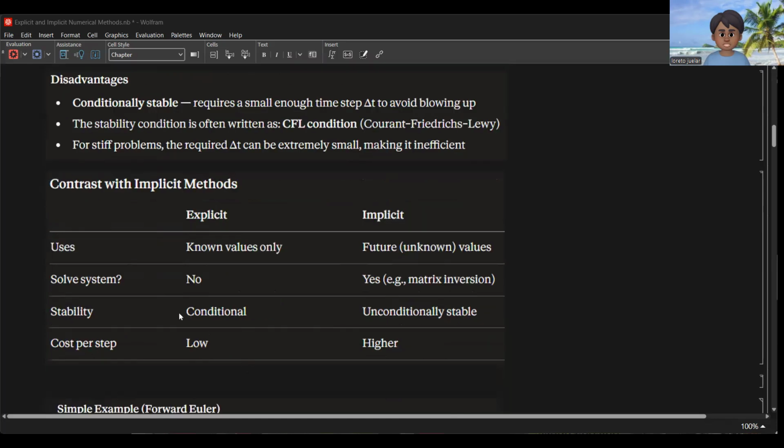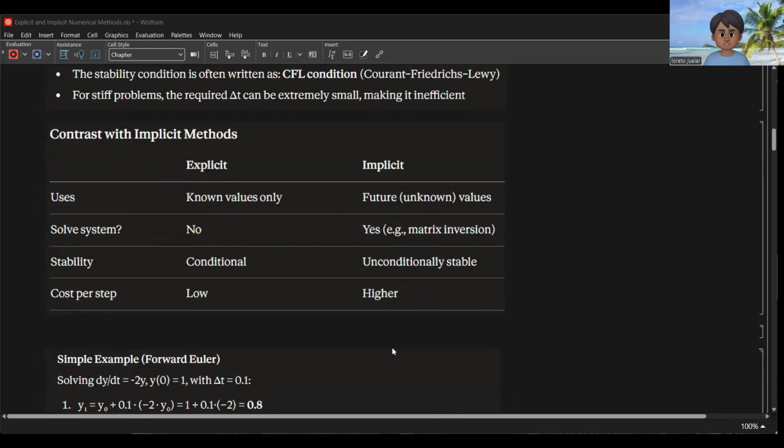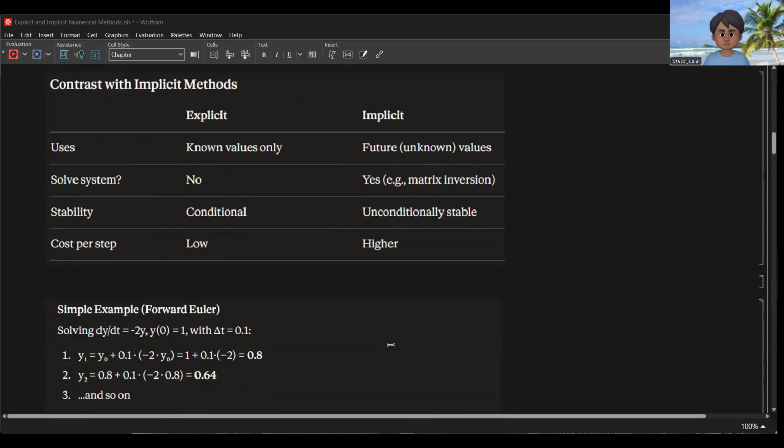For stability, the explicit numerical method is conditionally stable, while the implicit method is unconditionally stable. The cost per step is low for explicit, meaning we can easily solve for y_n, but in the implicit method it is higher, meaning we still have to solve an equation to find the value of y_n.